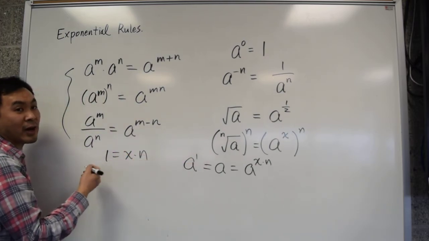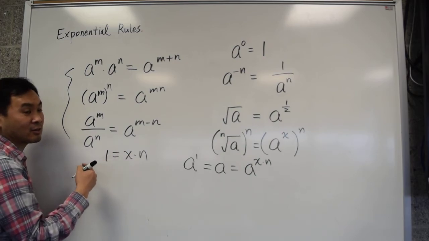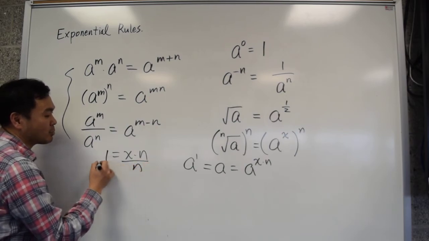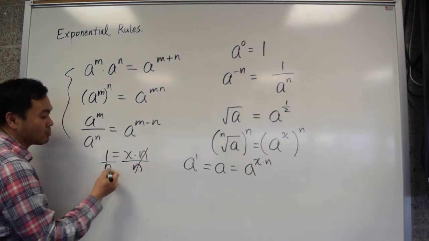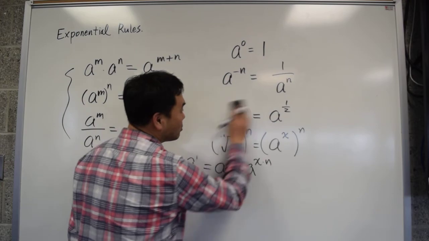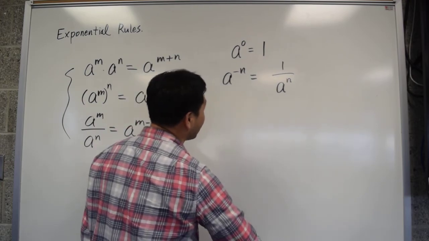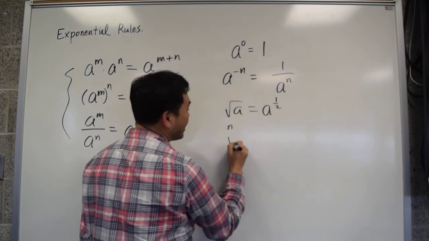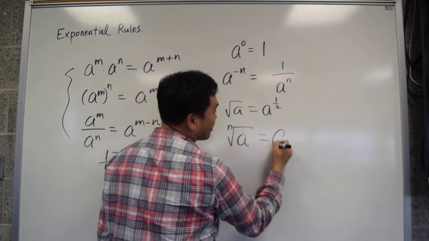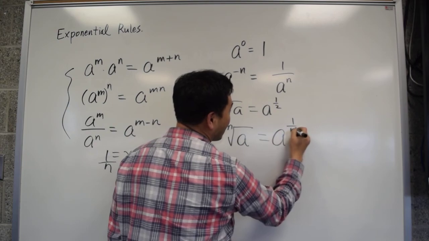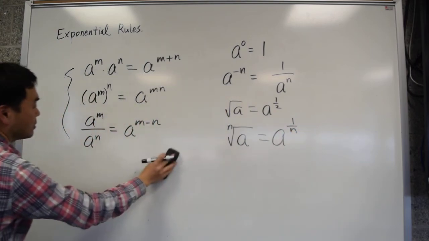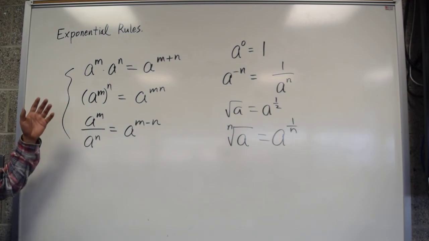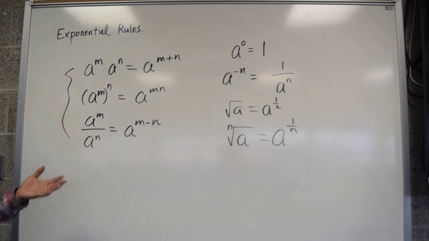And the goal is to find x. How do you isolate x? Divide both sides by n. So this is canceled, so x is 1 over n. So what you get at the end of the day is square root of a is a to the 1/2 power, and any nth root of a is a to the 1 over n power. Okay, so these rules, although you may have learned them as if they were just thrown at you, are quite natural.